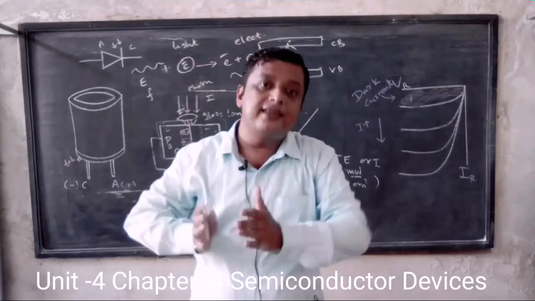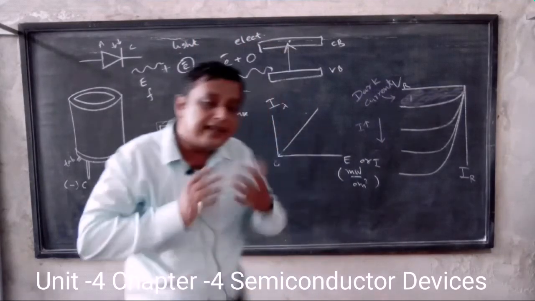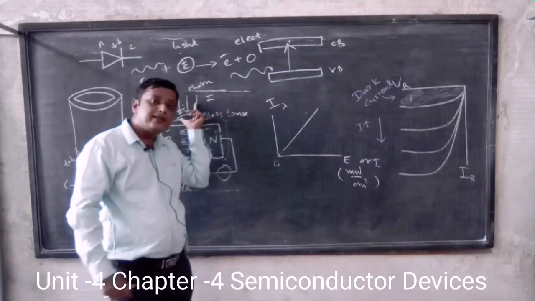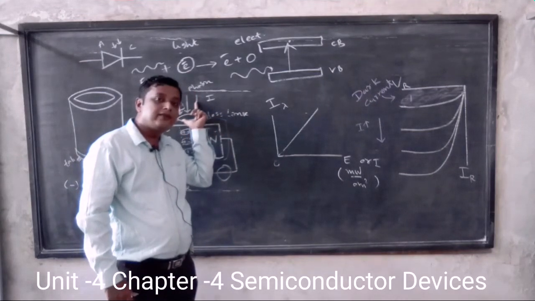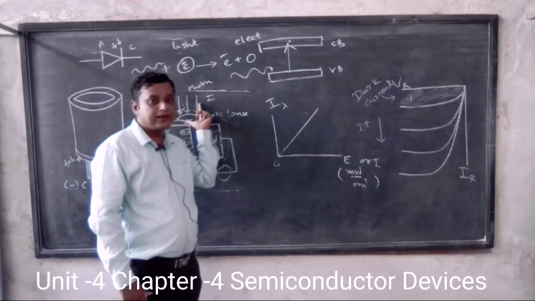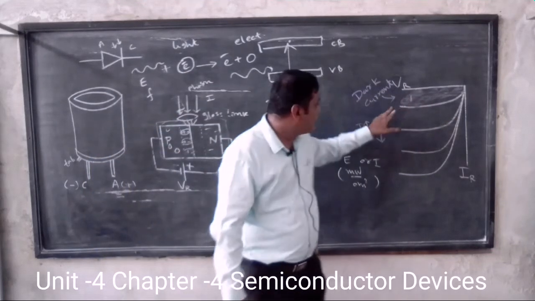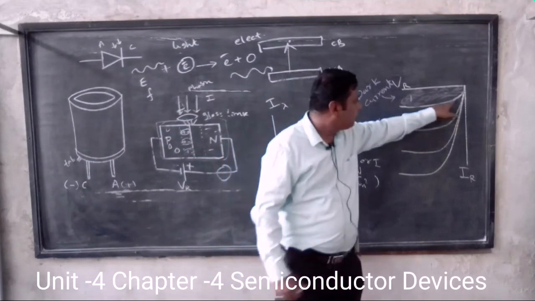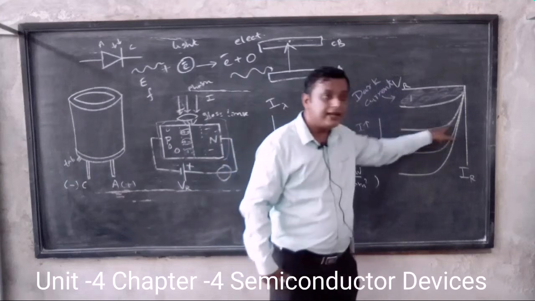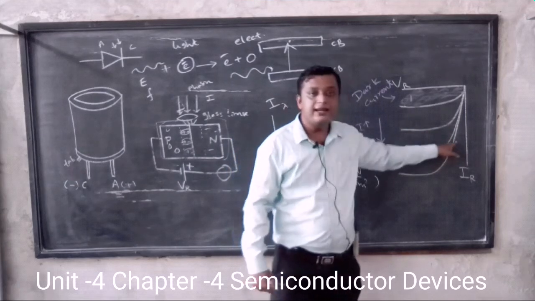So I am increasing the intensity of the light which is falling onto the depletion barrier. So what happens? This is low intensity, medium intensity, and this one is high intensity.